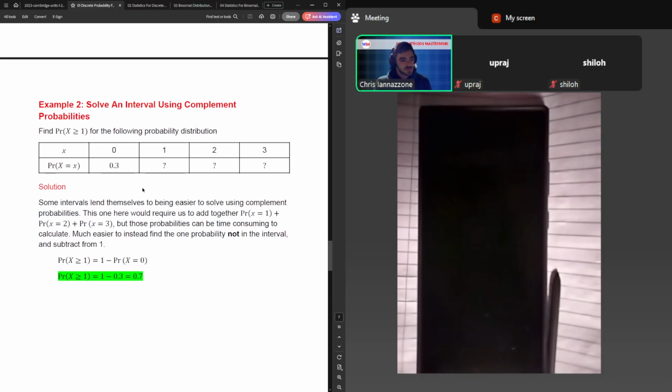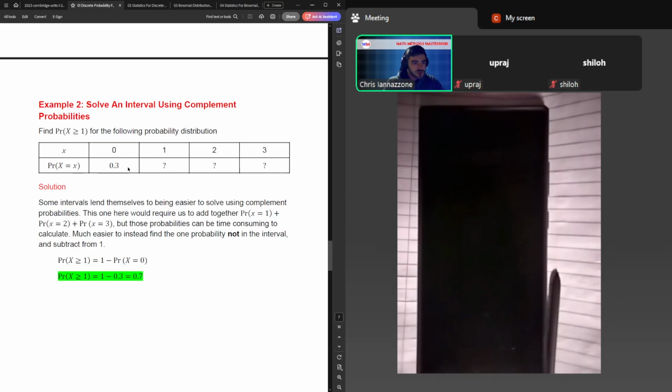Where it gets slightly harder is what I mentioned at the beginning, which was you can use complement probabilities to solve things that you otherwise wouldn't be able to solve. So let's say this table is fully unknown except for the x equals 0 scenario, and I still want to find x greater than or equal to 1, which means I want to know all of these, but I don't.